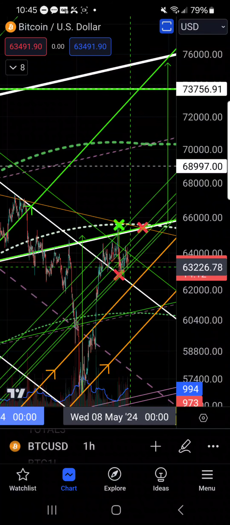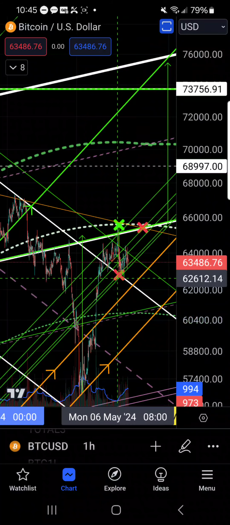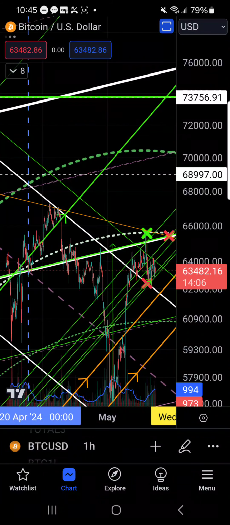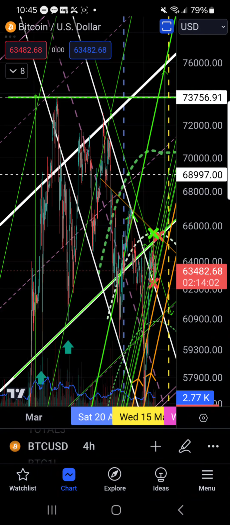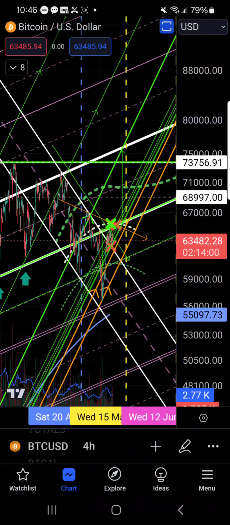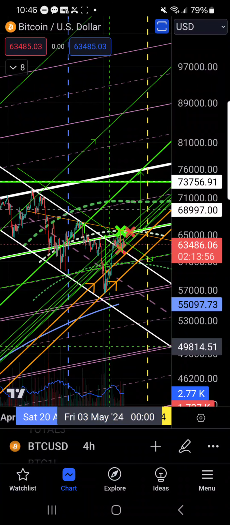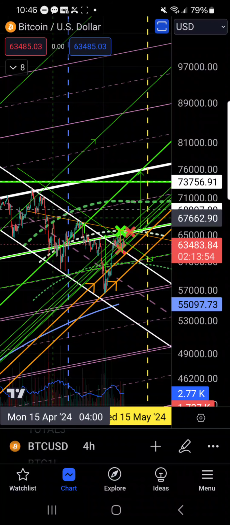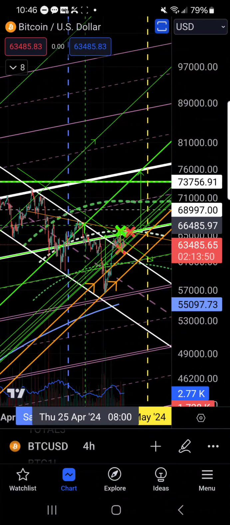Now, do we continue this move here and we have this little tiny head and shoulders, or is this part of, and now I have to switch to the 4 hour because I don't have enough room, or is this part of a larger head and shoulders pattern with this orange line here as the neckline, and this would be the shoulder.